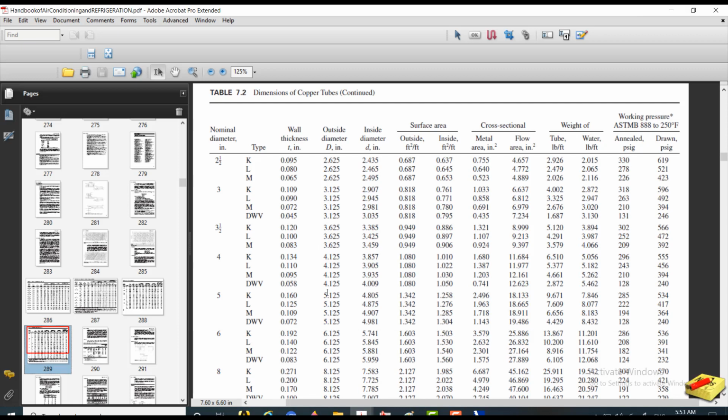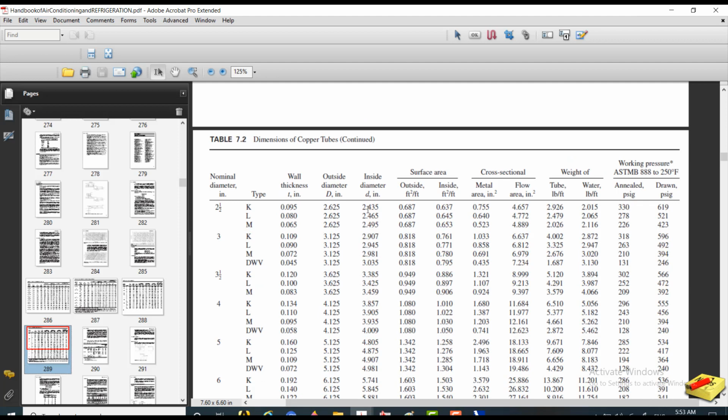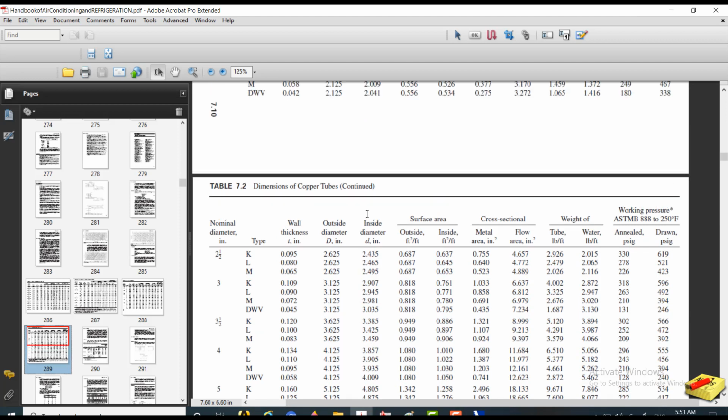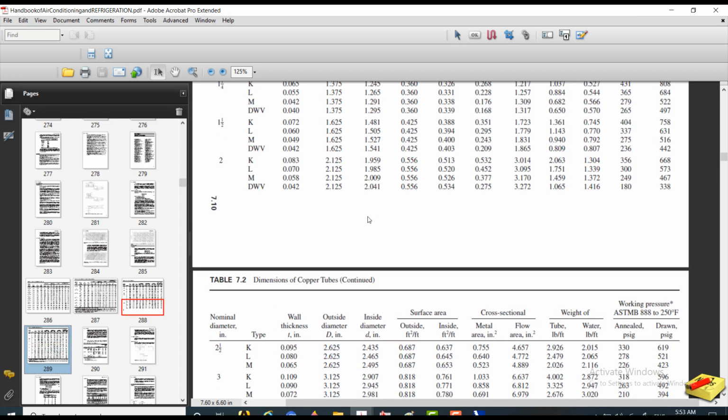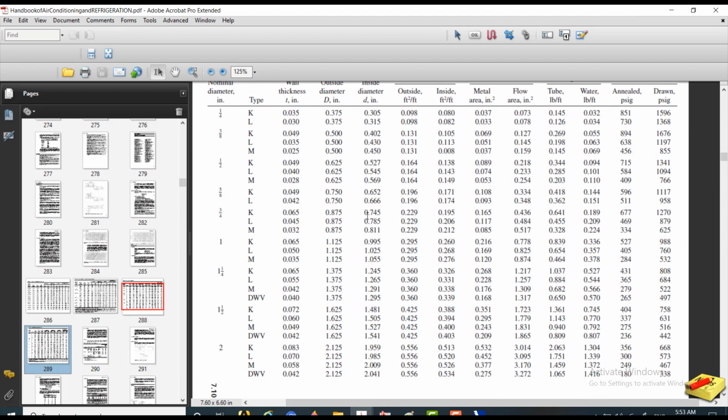Okay, so 0.622, so that will be the inside diameter.